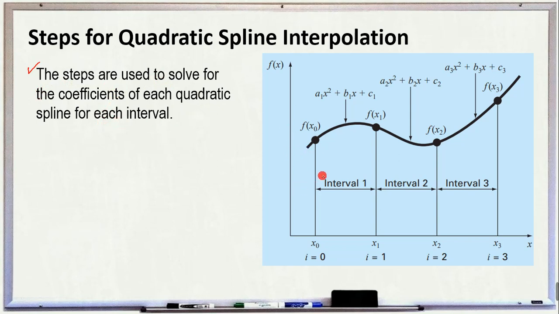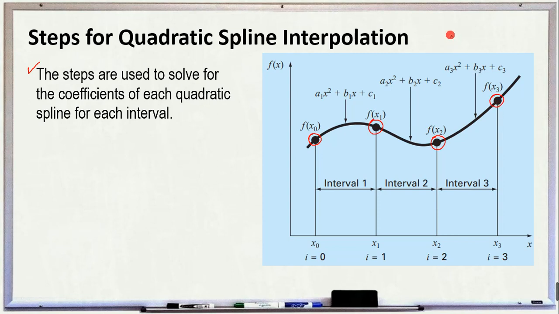So magbase ta nga figure. How many data points ang inyo nakita? Pila ka dots? Upat. So we have our first, second, third, and fourth.